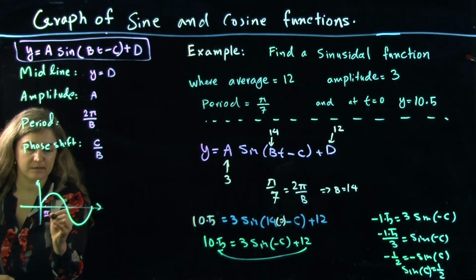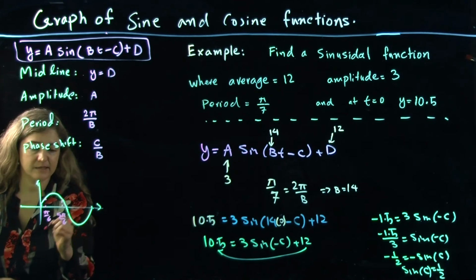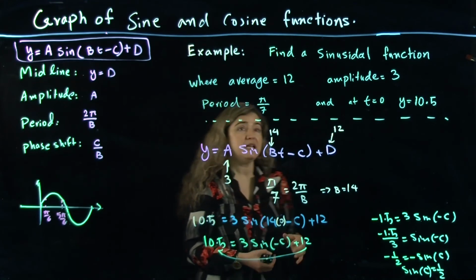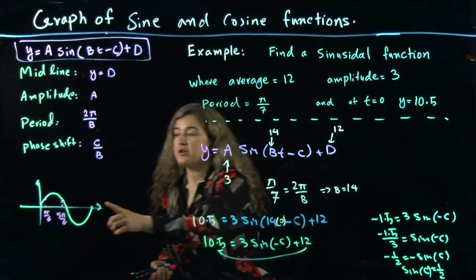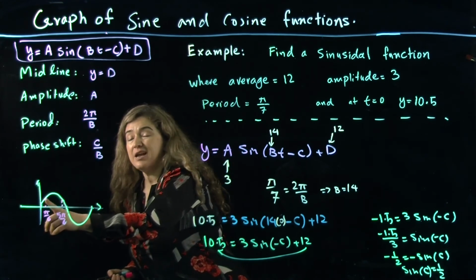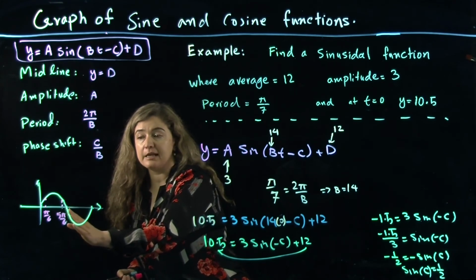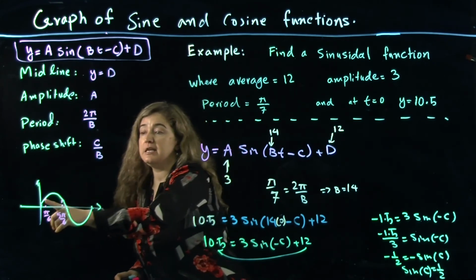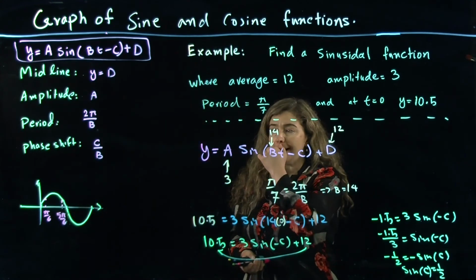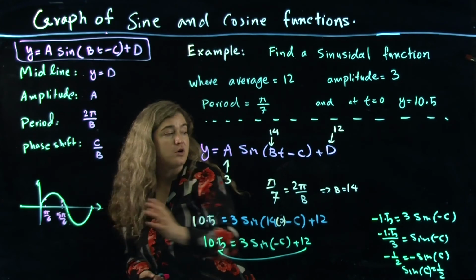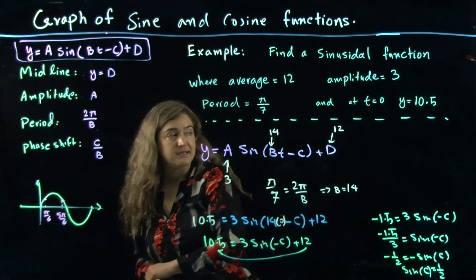So there should be one extra piece of information to tell me whether the function is rising at t equal to 0 or falling at t equal to 0, basically increasing or decreasing at t equal to 0. And then I decide whether to choose C equal to pi sixth or C equal to 5 pi sixth.